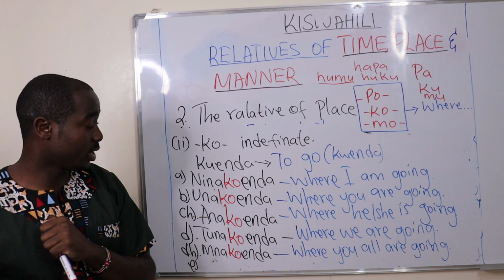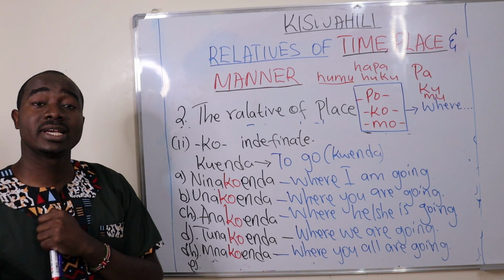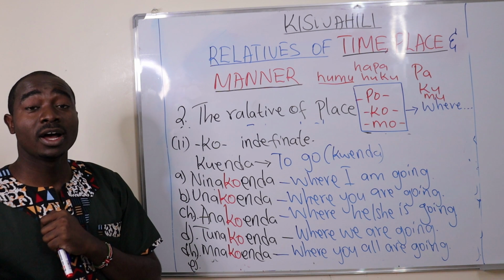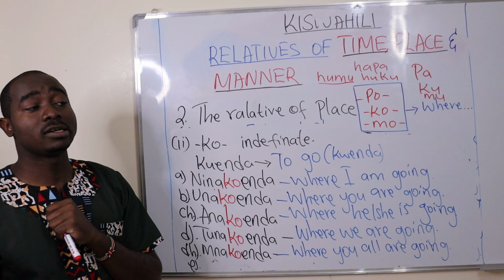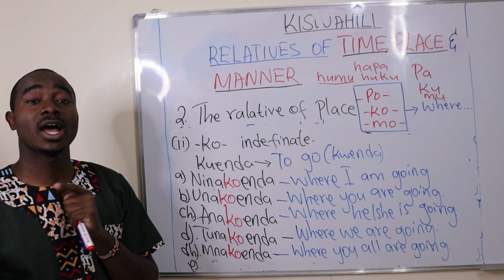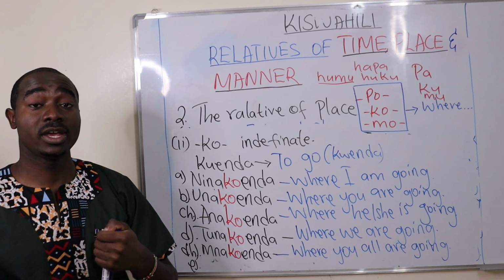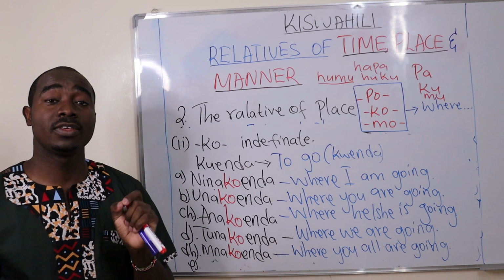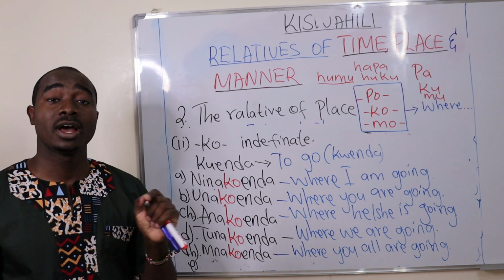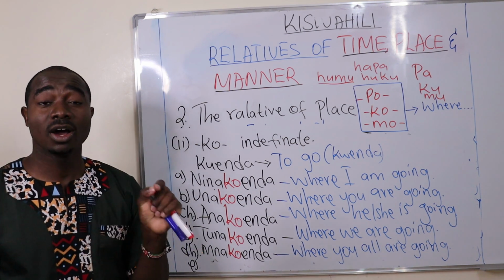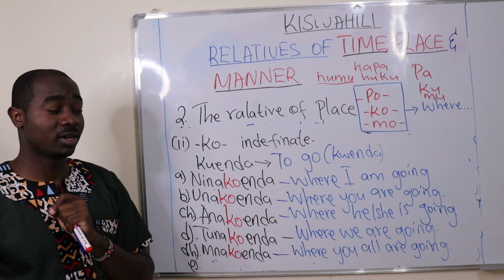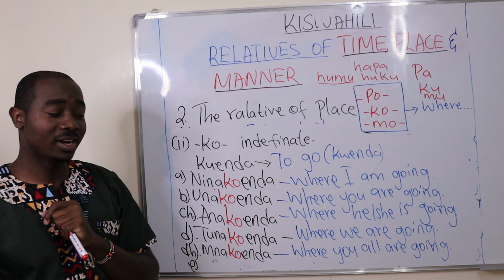Anakoenda. We can say anakoenda kuna mvua. Where he or she is going, there is rain. Okay, another one.